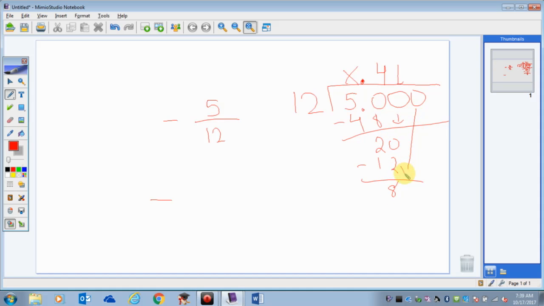Bring down this 0. 12 will go into 80 6 times. 12 times 6 is 72. I get 8 again. Add another 0 and bring it down. 12 will go into 80 6 times. 12 times 6 is 72. And I get 8 again. So I can already see that I've got a repeating decimal here.